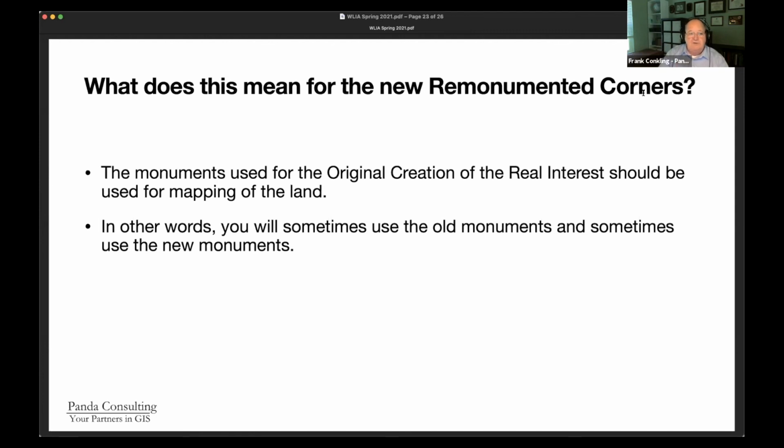In other words, as it relates to remonumented corners, sometimes you use those old monuments that you know and think are not in the right place, and sometimes you use the new ones. It depends upon when the land interest is being created and what's going on there.